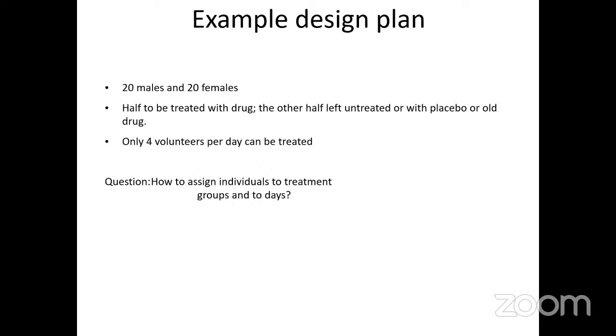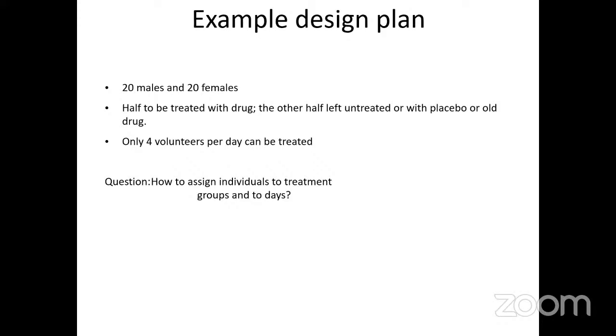For example, suppose we are trying to treat 20 males and 20 females. Half of them will be treated with the drug. The other half will be left untreated. But you can treat only 4 volunteers per day because the lab has certain limitations.